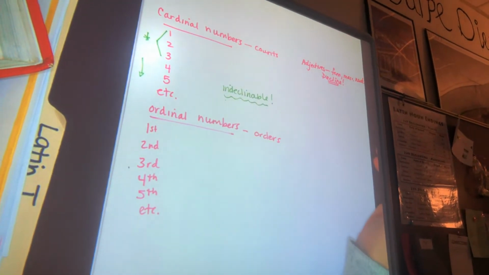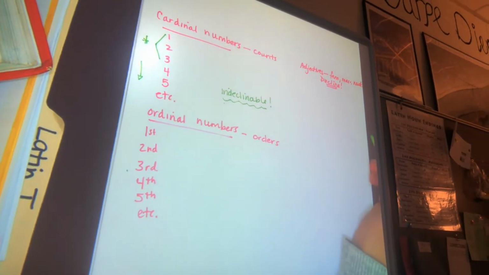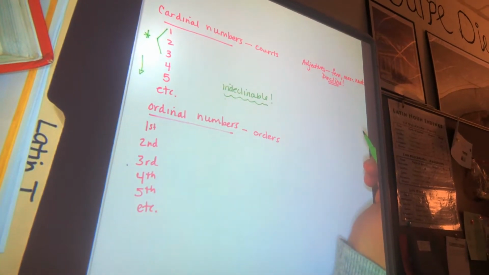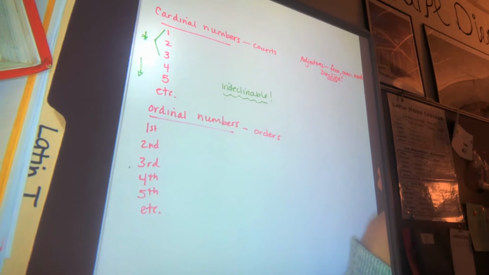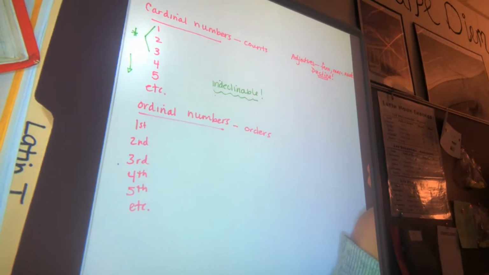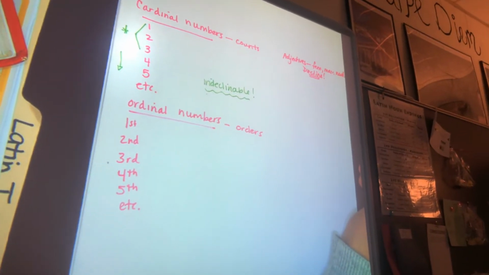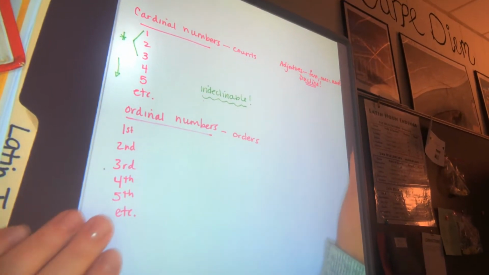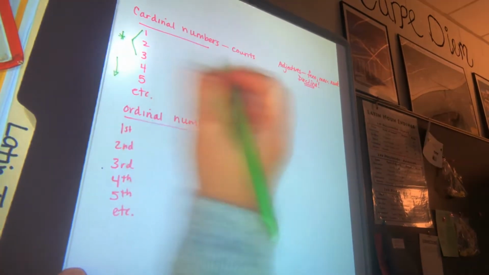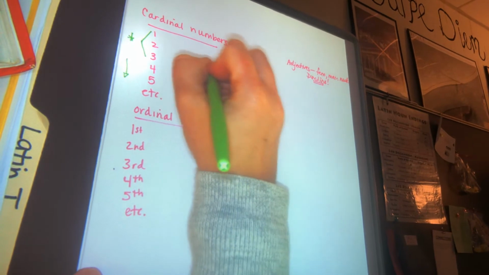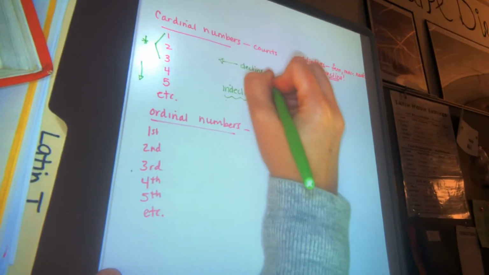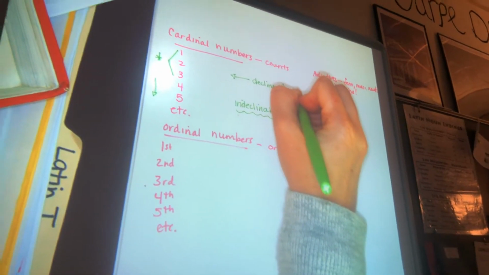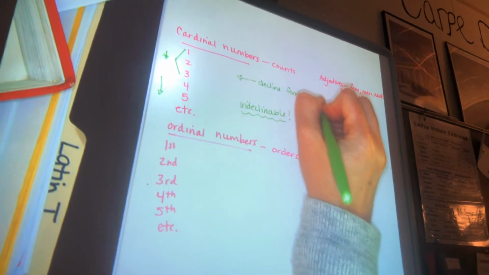Indeclinable means they don't decline. There's just one way to say it. So if you have 5 horses, or 5 women, or 5 men, 5 of anything, it's just the same word. 1, 2, and 3 do decline, and again, there's the feminine option, the masculine option, and the neuter option.